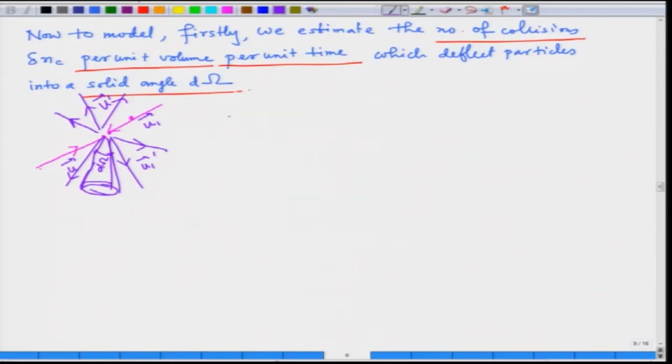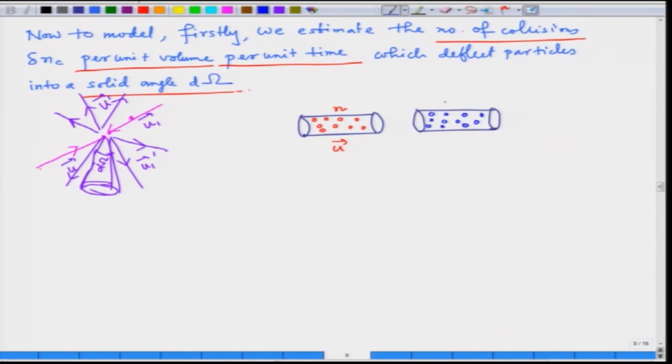Let us suppose we have two particle beams, one looking like this and another looking like this. For simplicity, we just take a homogeneous cylinder type of thing, and one is just full of particles having velocity u and with number density n, another is of the deep blue color particles.